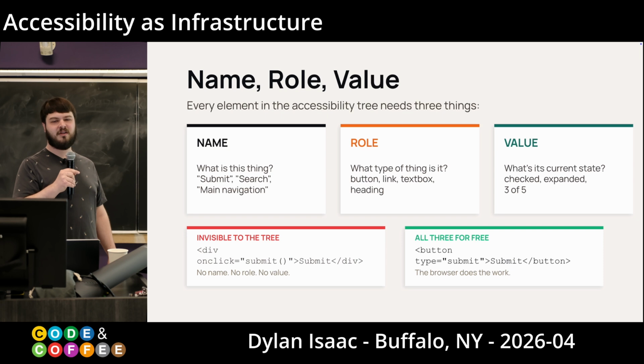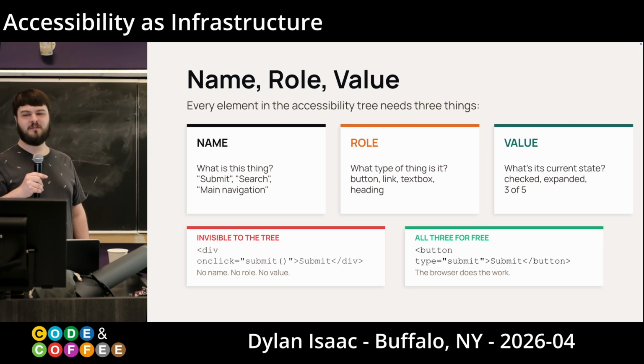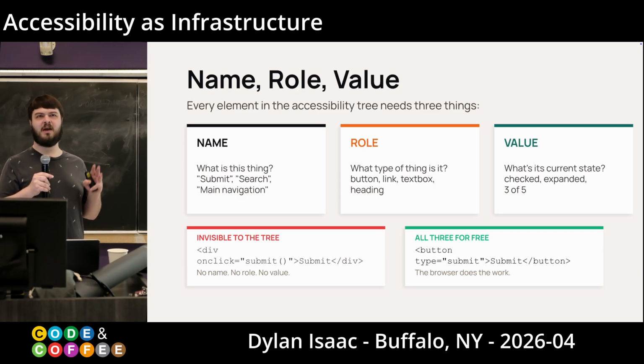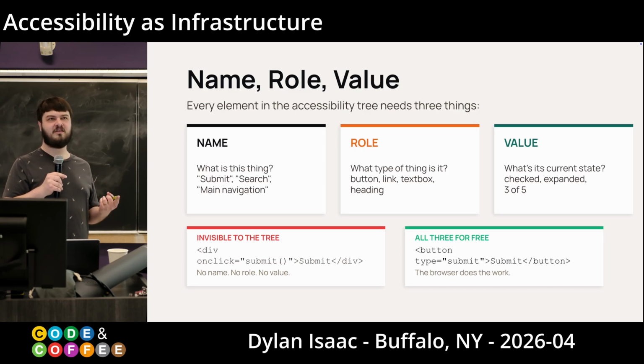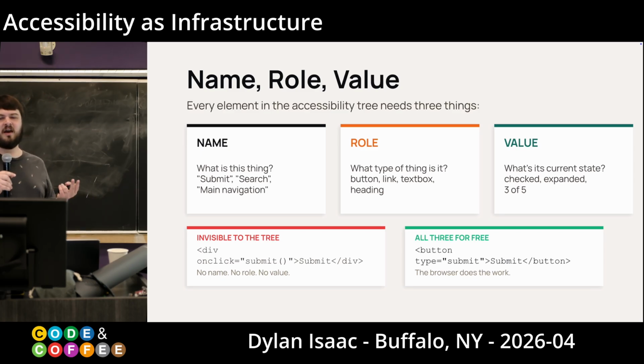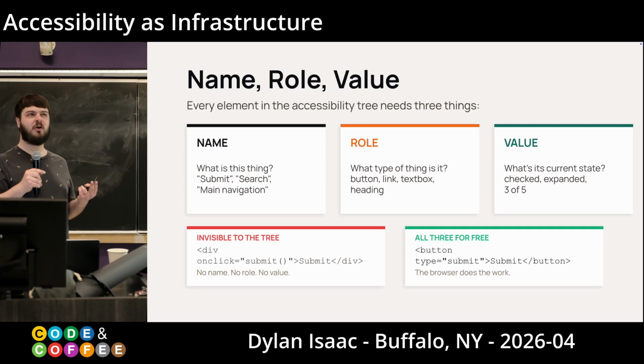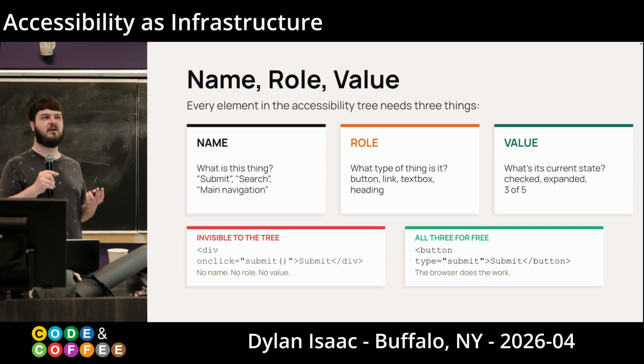So how does it do it? And what is inside of that accessibility tree? Inside the accessibility tree are three main properties. You have the name, or what this thing is. You have the role, what type of thing this thing is. A role can also be thought of, if you're into programming, as a programming interface.